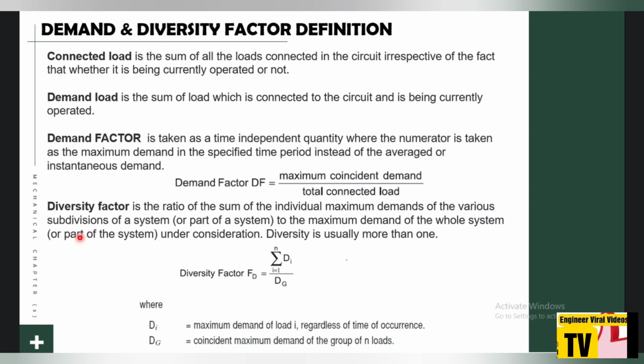The diversity factor is usually more than one. You can calculate it by this equation: summation of Di divided by Dg, where Di equals maximum demand of load, and Dg is the coincident maximum demand of a group of n loads.